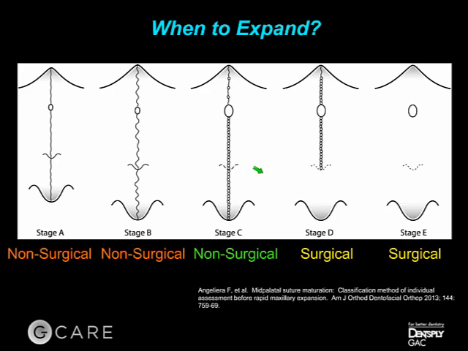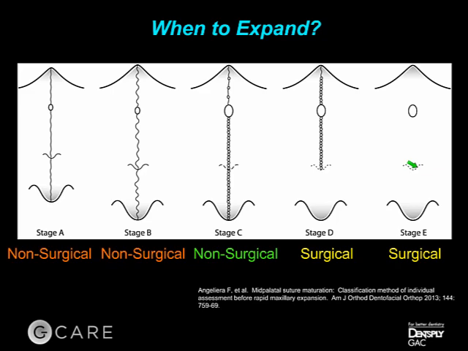And then as the suture starts to fuse, or in some cases doesn't fuse, these are cases when surgical expansion and intervention may still be needed. But this gives a much better and, to me, more quantifiable method of looking directly at the maxillary suture, as opposed to trying to infer what's going on with the suture by looking at a hand-wrist film or another method of skeletal maturity.